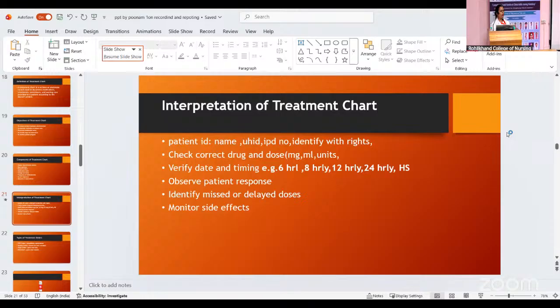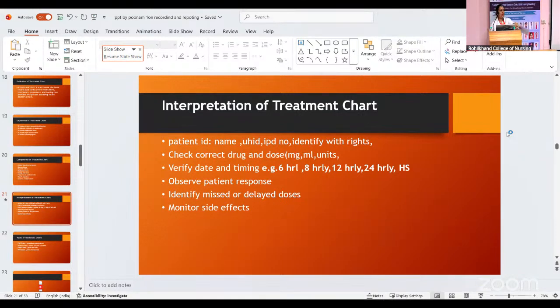Interpretation, now we'll do interpretation in this. Patient ID: we will write name, UHID, IPD number, identify with rights, check correct drug and dose, whatever is written, mg, ml or units, verify date and time. Date and time means the date we have written, and time means 6 hourly, 8 hourly, 12 hourly or 24 hourly.